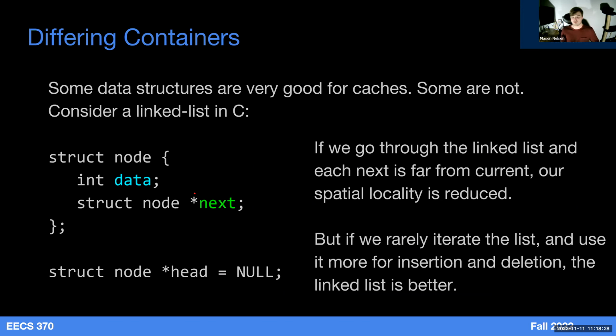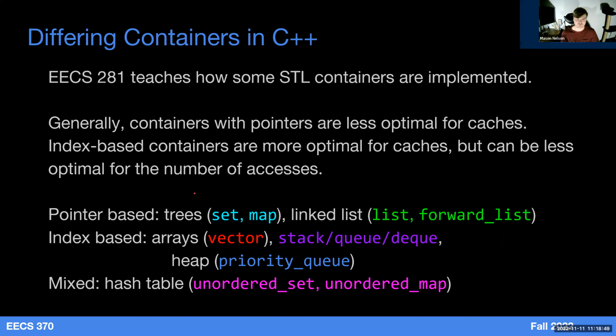So generally, if we really iterate the linked list, then it's probably not the data structure for us for this program. An array would be much better. But if we're doing something where we're camping out on a few elements of the linked list for a long time, the linked list will be good for us, especially if we are doing insertion and deletion operations.